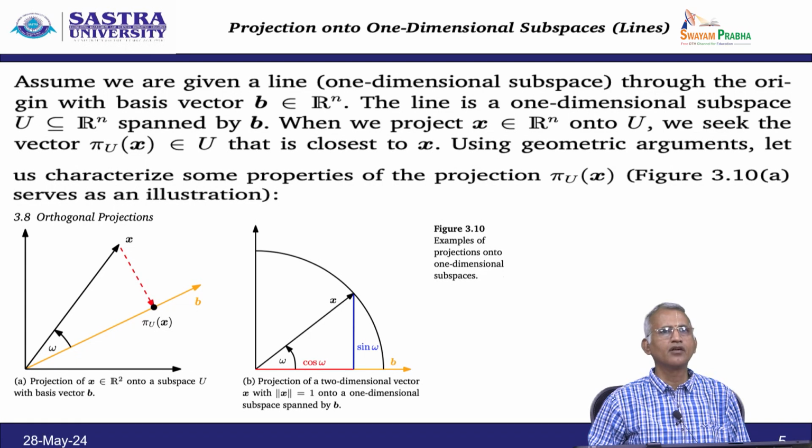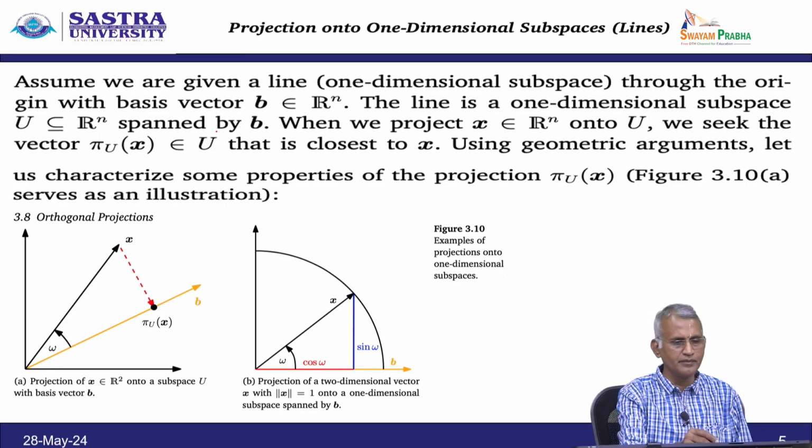Now, projection onto one-dimensional subspaces. Assume we are given a line, a one-dimensional subspace through the origin with basis vector b in R^n. The line is a one-dimensional subspace U, a subset of R^n spanned by b.